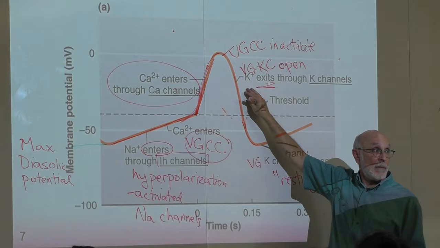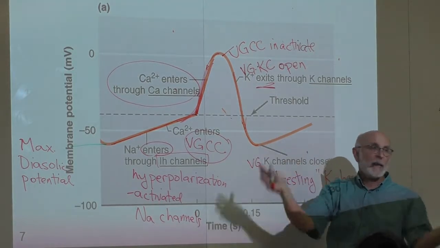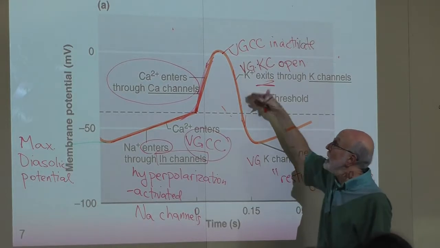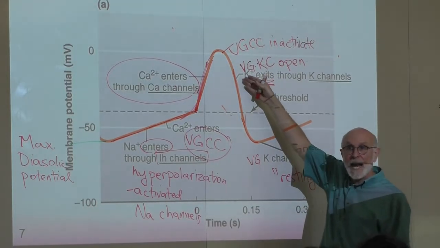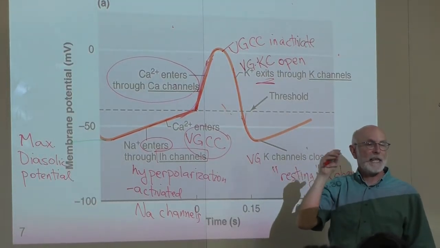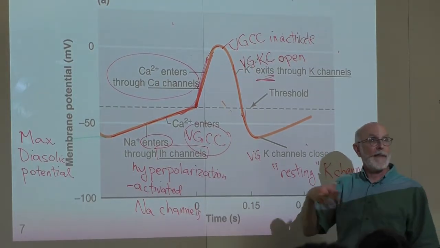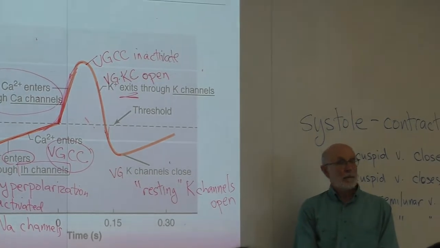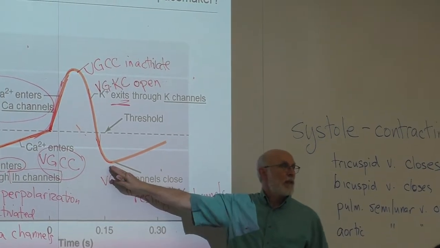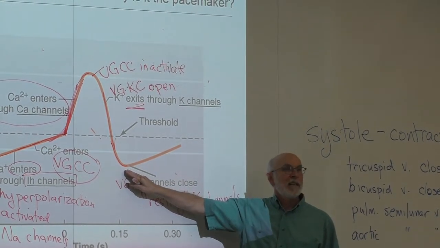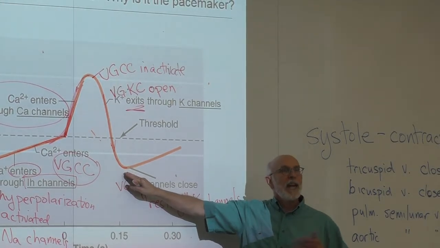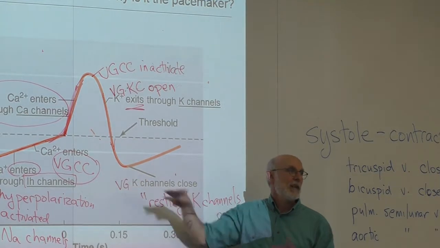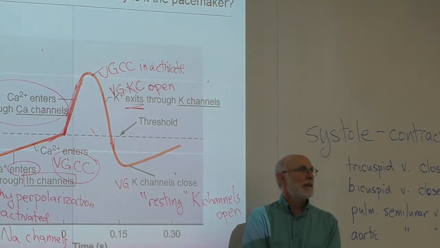The calcium is getting mopped up by pumps, let's not worry about that. Potassium is flowing out, I said it wrong, and that causes repolarization. Then at the bottom, we would call this a hyperpolarization. It's a little tricky because if you can't define a resting membrane potential, you can't really define a hyperpolarization, but we call it a hyperpolarization anyway.